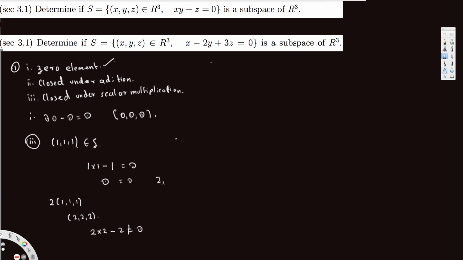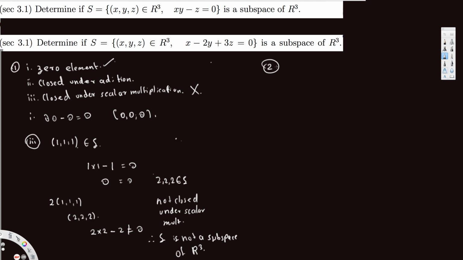Therefore 2, 2, 2 doesn't belong to the subspace, so it is not closed under scalar multiplication. Therefore it fails this condition, and S is not a subspace of R3.